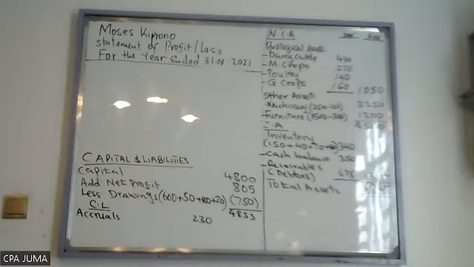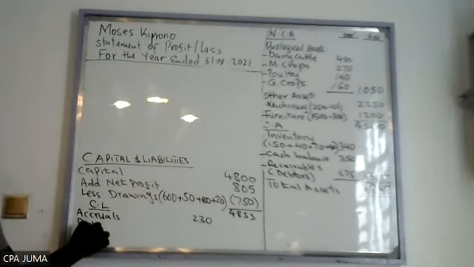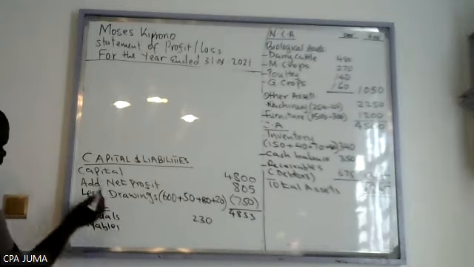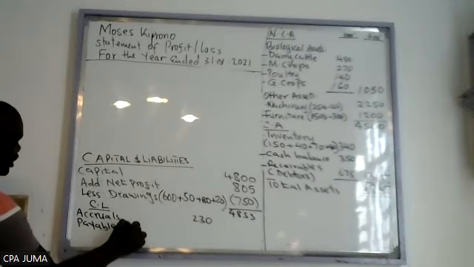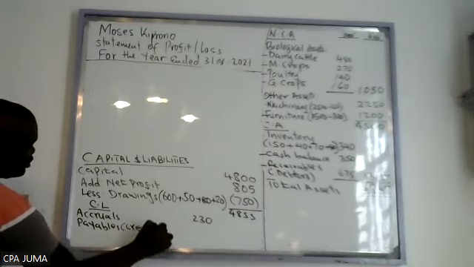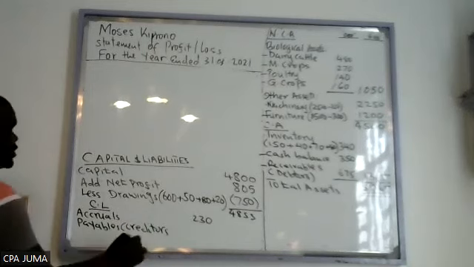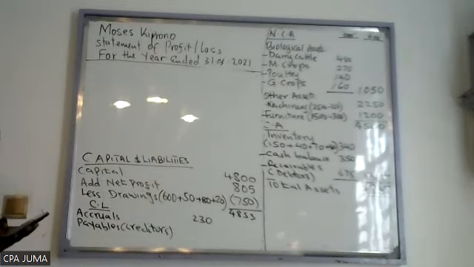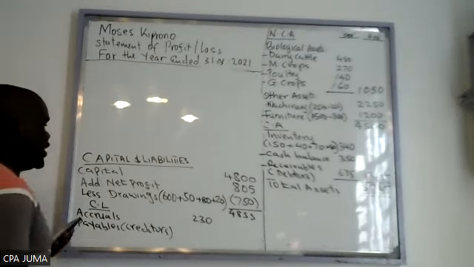Then there were creditors or payables. We have creditors worth 780.